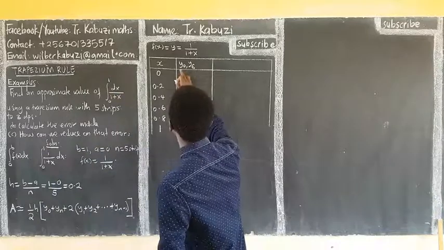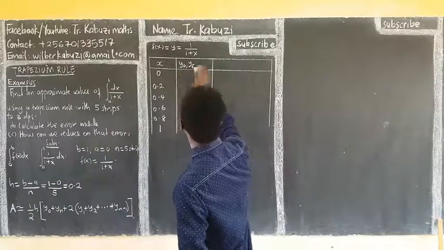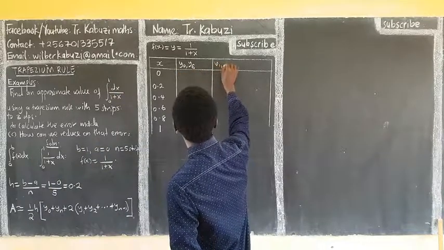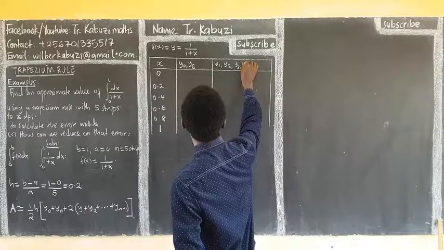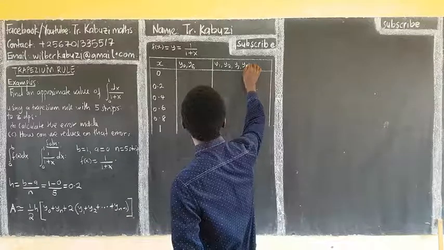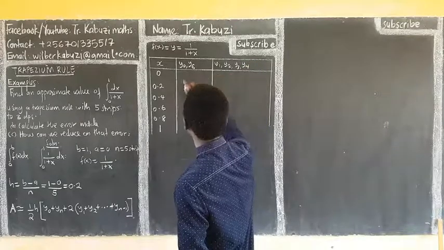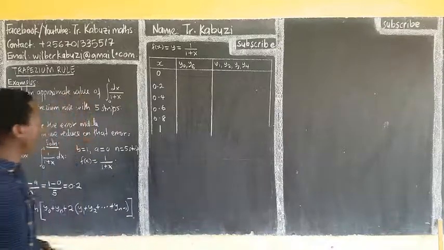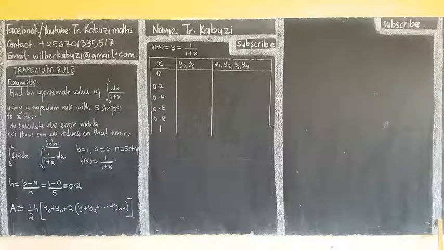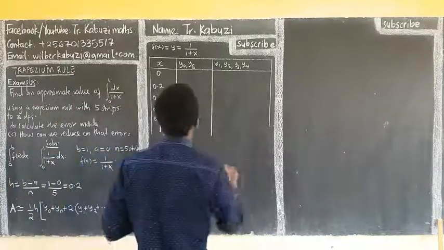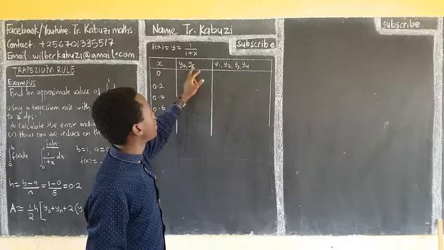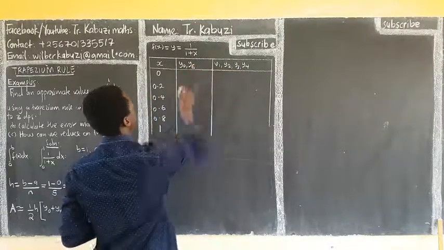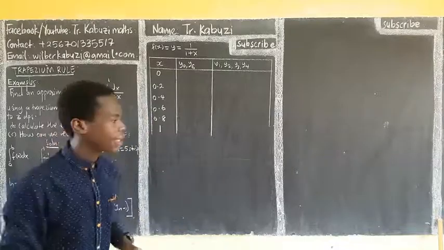Now the remaining, remember this is the first, this is the last. So here we are going to have y1, y2, y3, y4, then y5. Those are the strips we have: 1, 2, 3, 4, 5, 6.